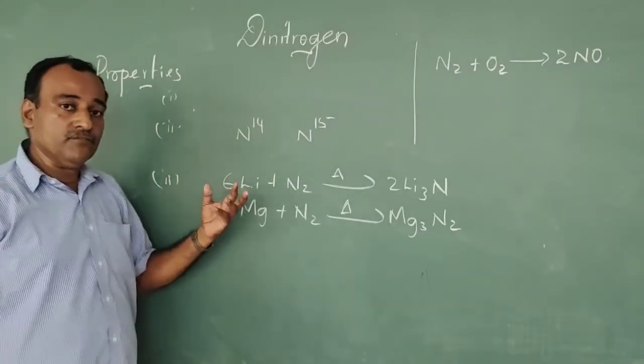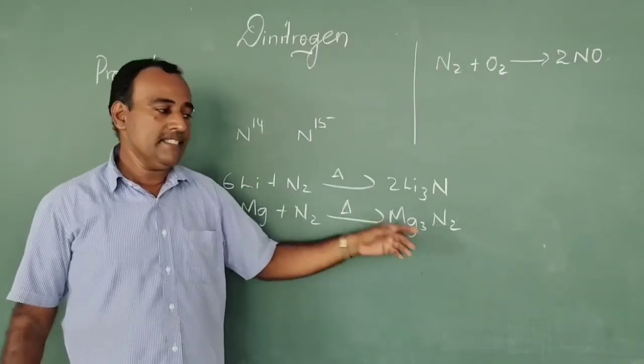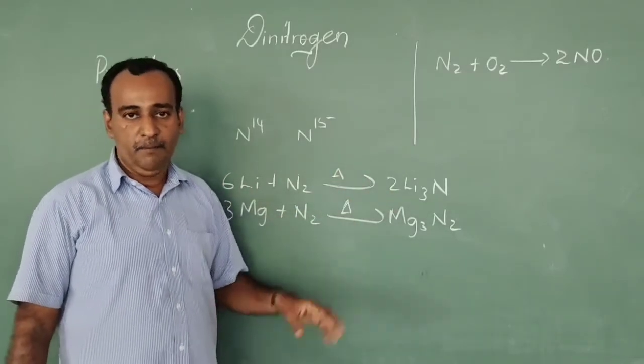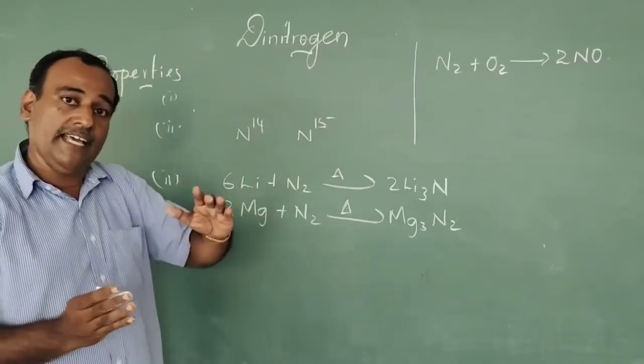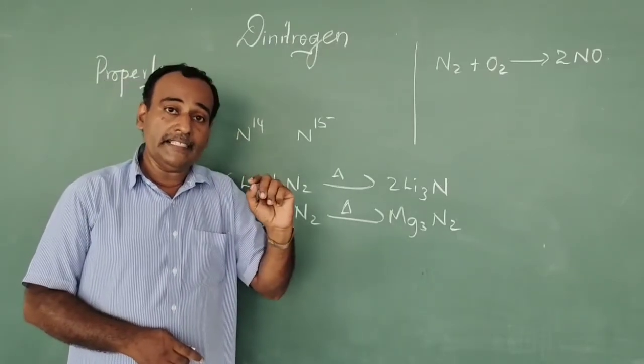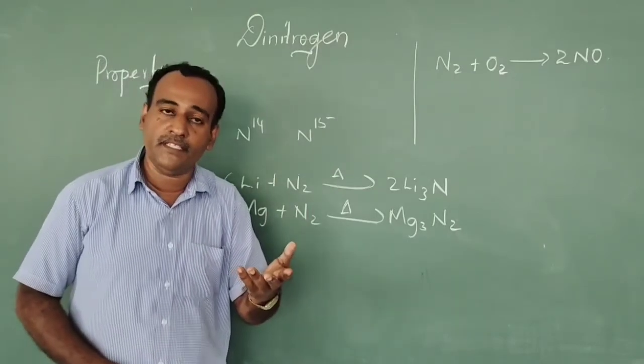Dinitrogen reacts with metals forming ionic nitrides, whereas it reacts with non-metals forming covalent compounds. But these reactions take place at very high temperature. We already studied that dinitrogen is inert at room temperature. Why is it inert at room temperature?